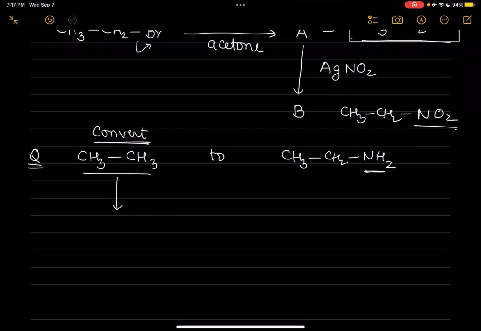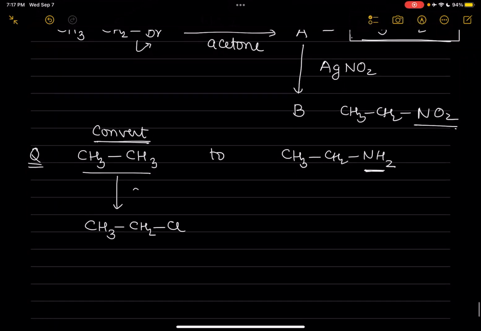So what was the method used to convert alkane to alkyl halide? That could be your alkyl chloride or bromide. Sir, was it halogenation?